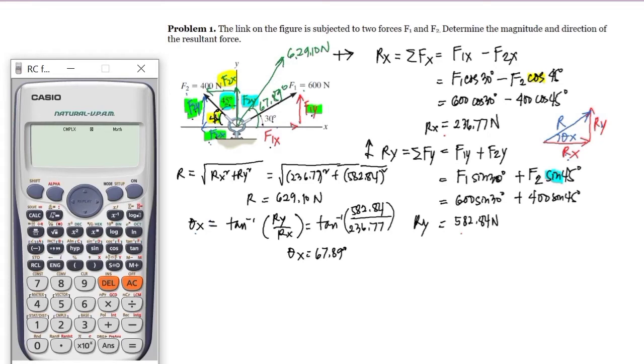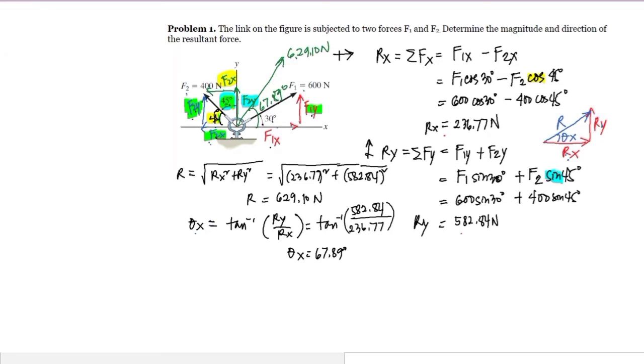So before anything else, what we are going to do first is, of course, to set all the forces to standard angle. As I have said earlier sa mga previous na video natin, the standard angle is measured from the positive x-axis and it has counterclockwise direction.